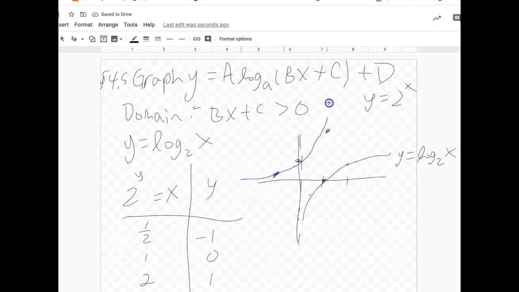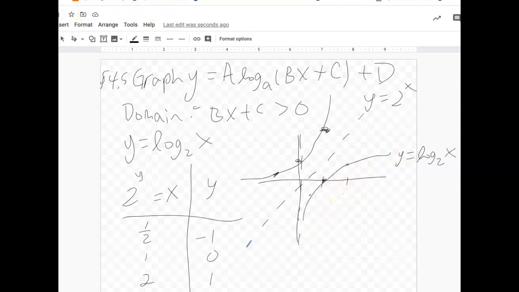So here's our exponential function. And what we've learned through our study of inverses is that the function and its inverse are symmetric across the line y equals x. So what we did to graph this logarithm was convert it to the exponential, plug in values for y, and just directly plot that logarithmic equation.